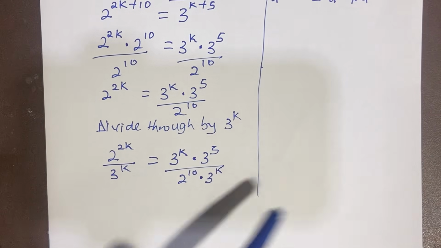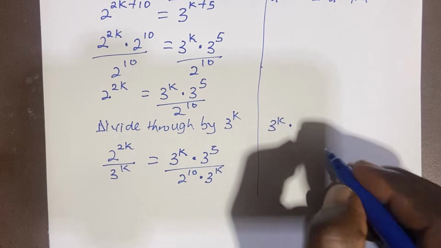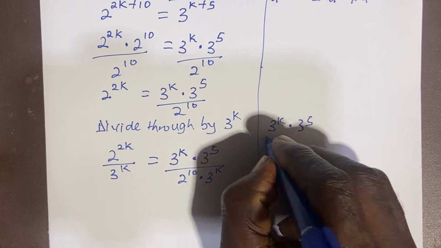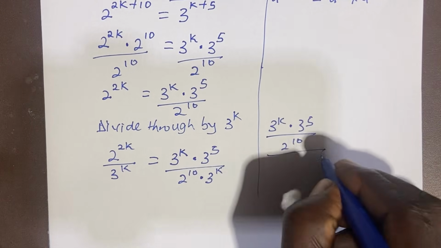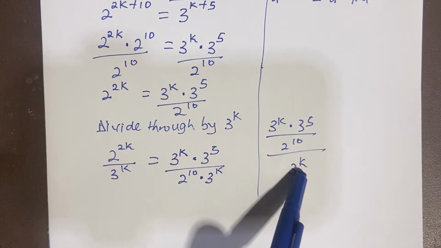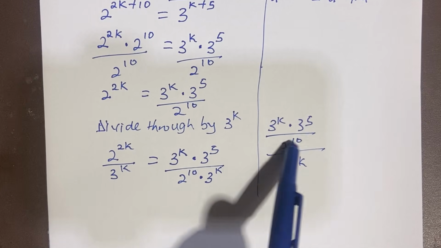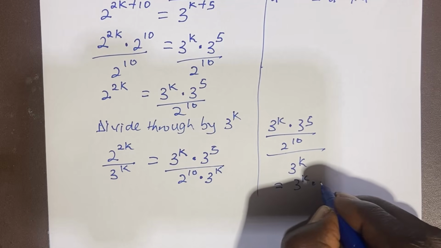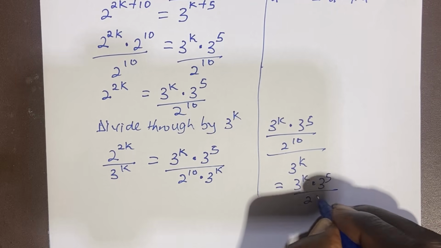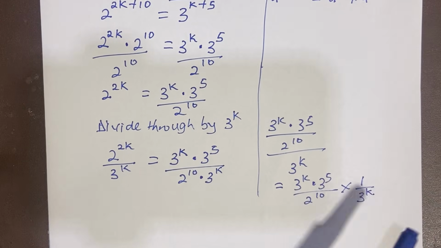We said we are dividing through by 3 to the power k, so as a result of this division, we change this to multiplication and take the reciprocal of the fraction, which now becomes 3 to the power k multiplied by 3 to the power 5 over 2 to the power 10 times 1 over 3 to the power k.